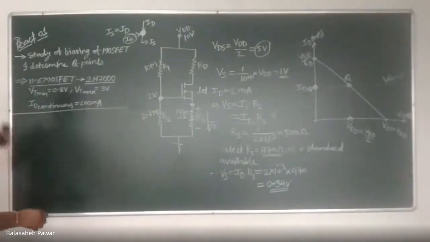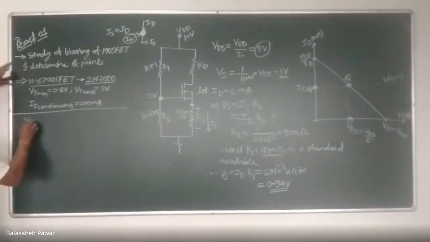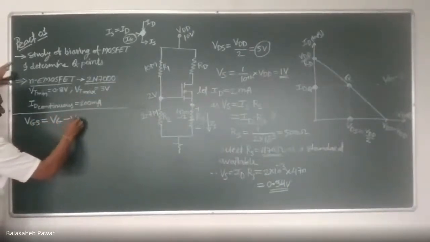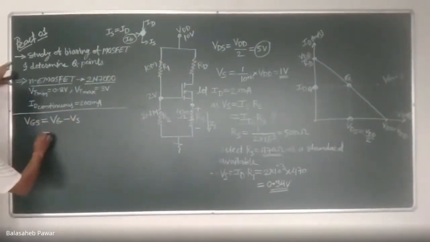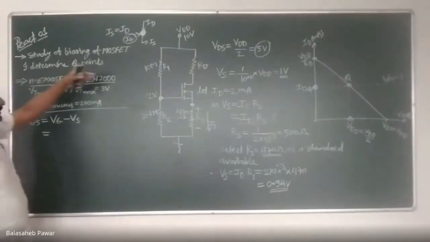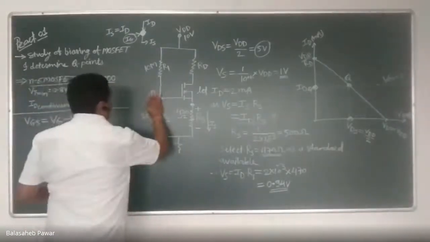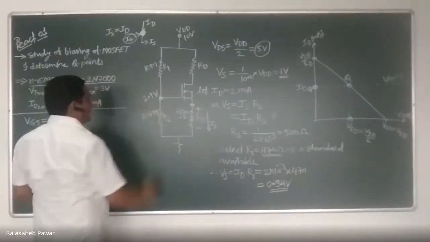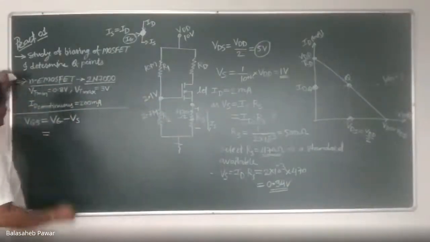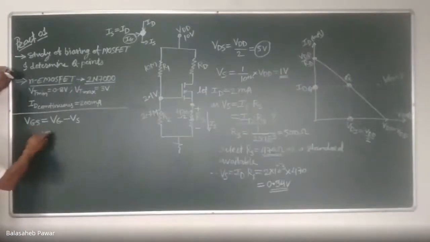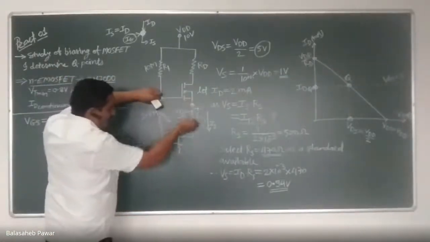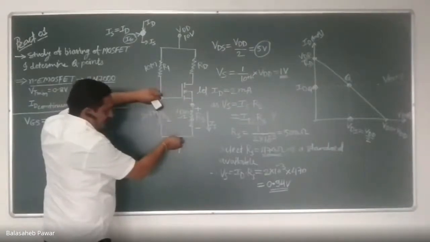Now, VGS. VGS is nothing but Vg minus Vs. Vg, we decided by selecting these two resistors, instead of 2 volts, it is 2.1, correct? VGS is the voltage measured at the gate terminal with respect to source, not with respect to ground, remember.